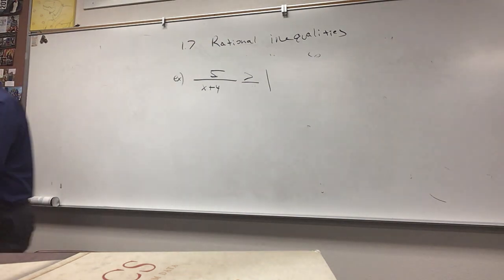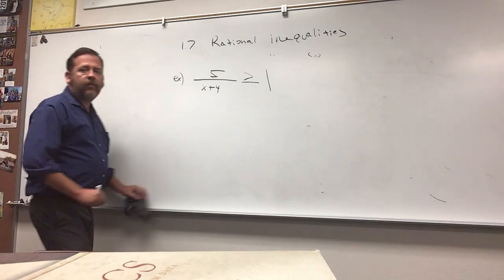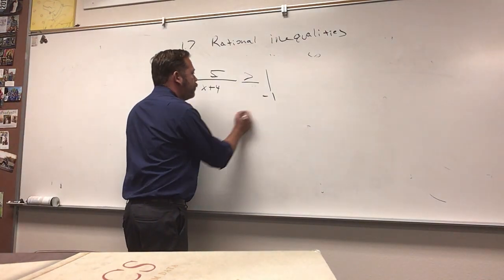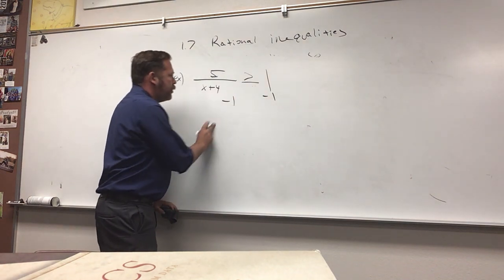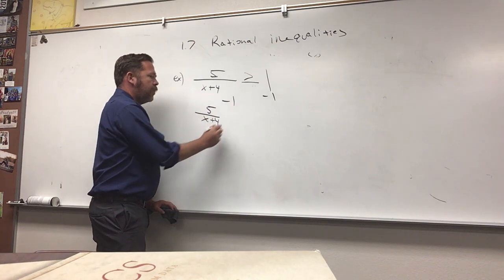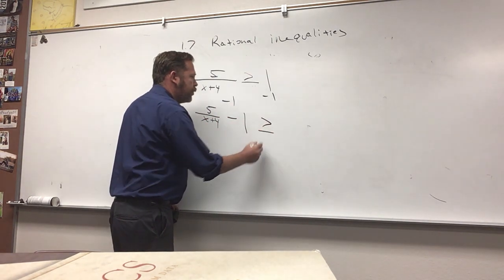All right. The first thing we're going to need to do is get 0 on one side. It's not terrible. So we're going to subtract 1, and I get 5 over x plus 4 minus 1 is greater than or equal to 0.